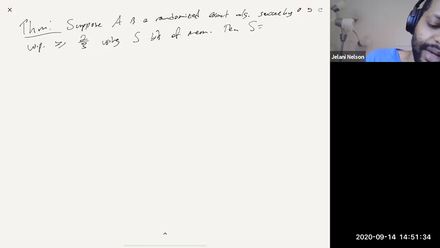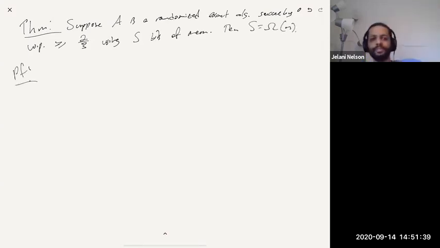Then S is again omega n. This is no more complicated than, or maybe even less complicated than, the deterministic approximate algorithm lower bound. But it does require you to reason about things in a way that you might not have done before, so it'll be beneficial to see this, maybe expand your mind.